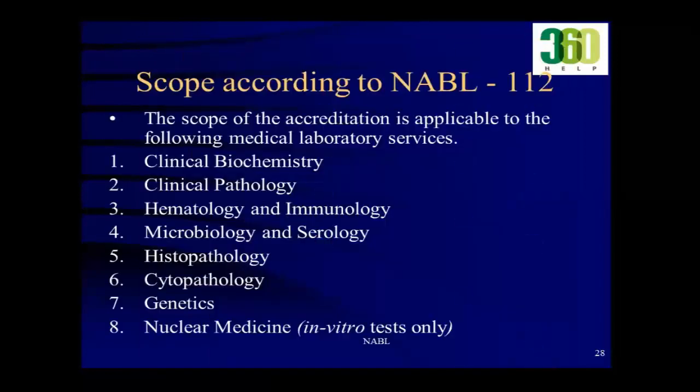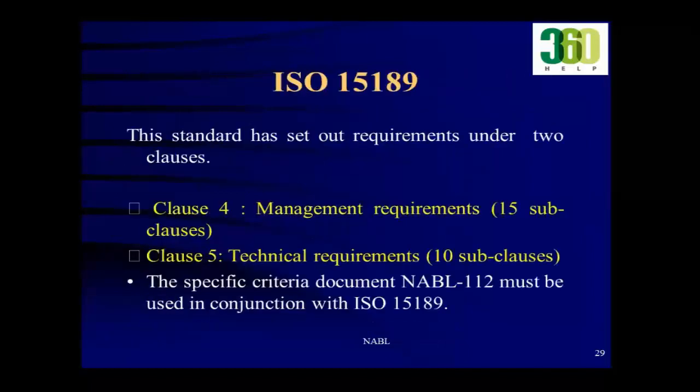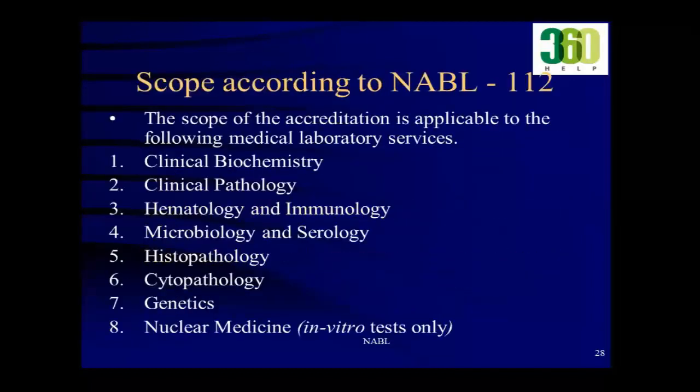So as I was telling you, on the scope, there is another document. One thing is the NABL standard, or as I told you, ISO 15189. This ISO 15189 is a standard which is an international document, right?